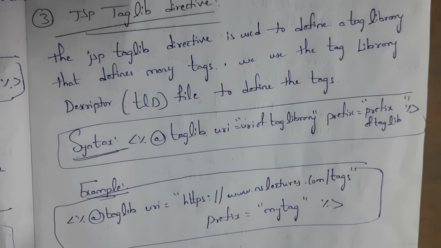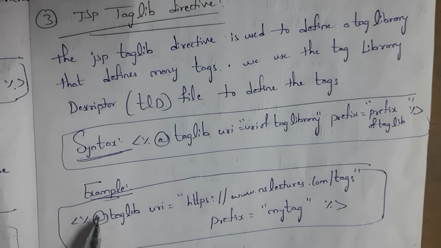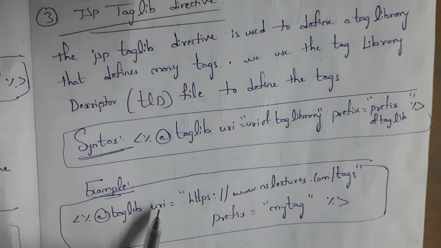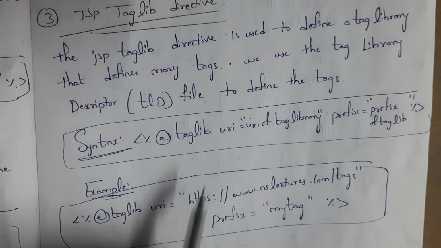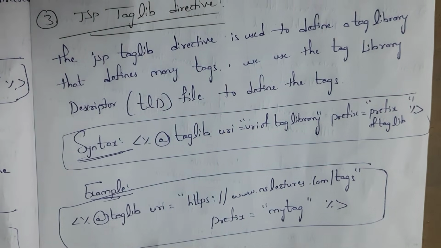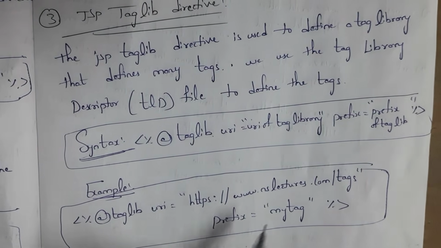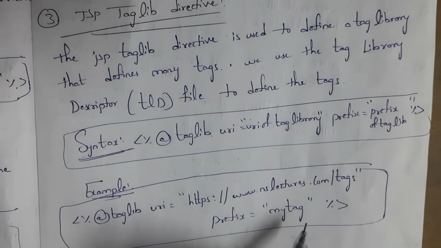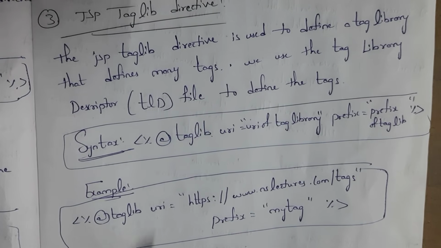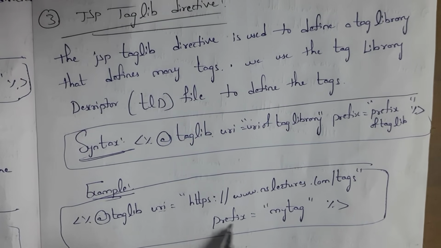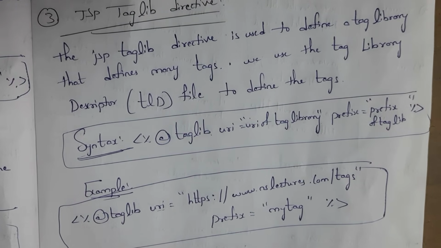This is an example: <%@ taglib uri equal to, here we need to paste our website link, and similarly the prefix is mytag. This is the prefix. We need to include both URI and prefix in the JSP Tag Library Directive.